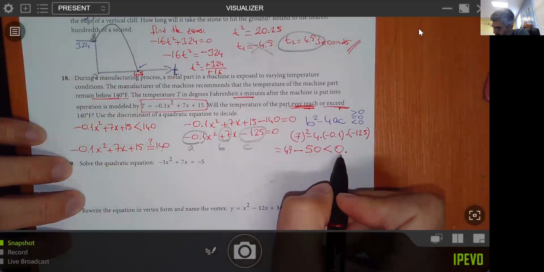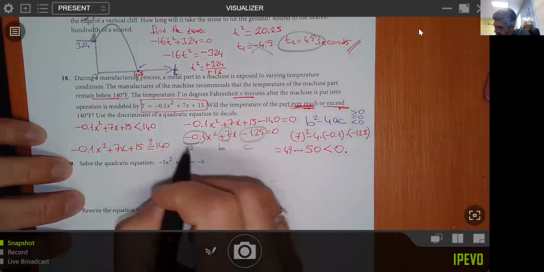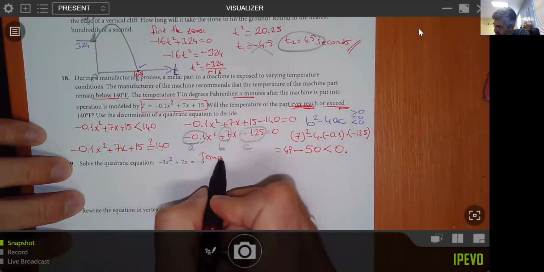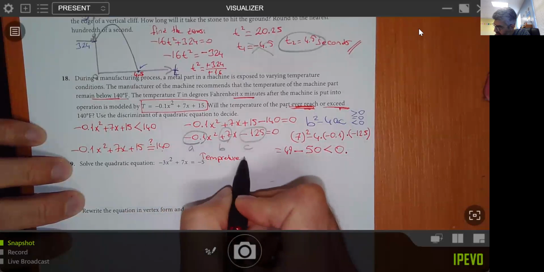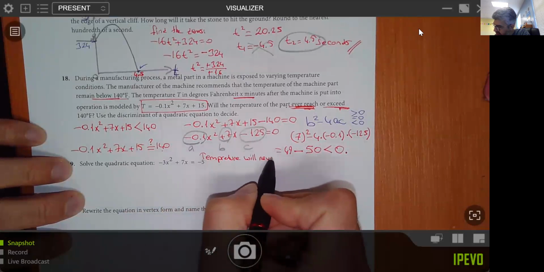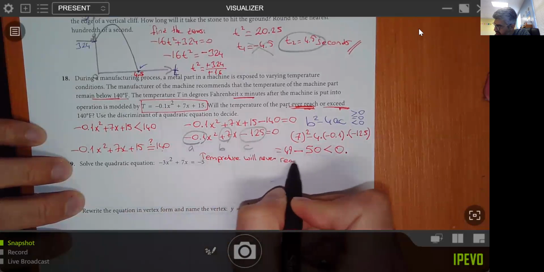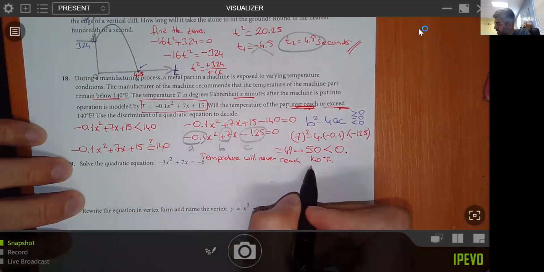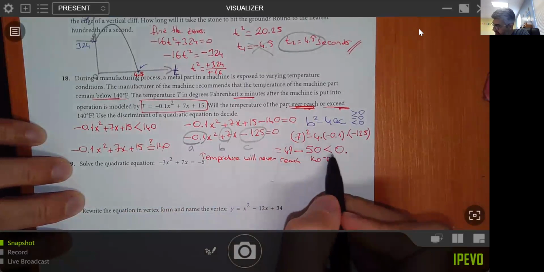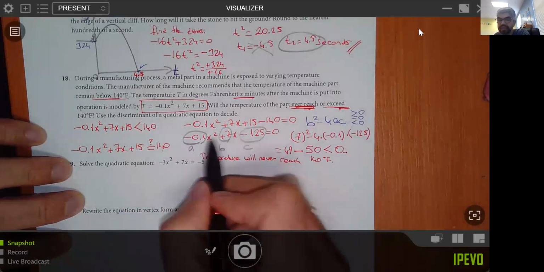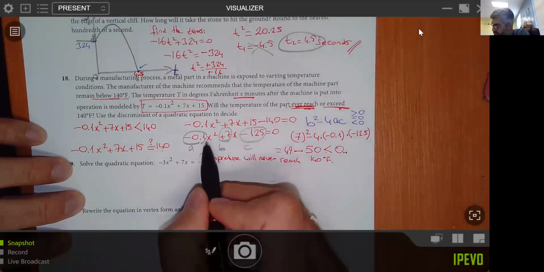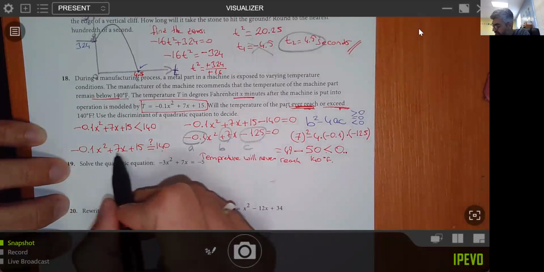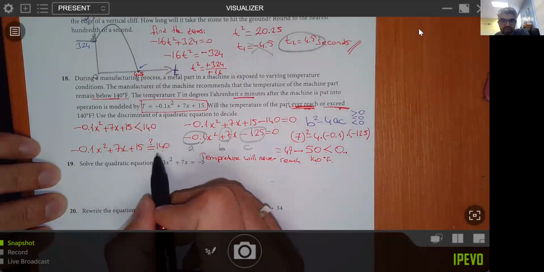It's less than 0. It means the temperature will never reach 140 degrees Fahrenheit. Okay, how do I understand? Because the discriminant is less than 0, and this equation has no solution. If we go back to here, we have no x value that makes it equal to 140.